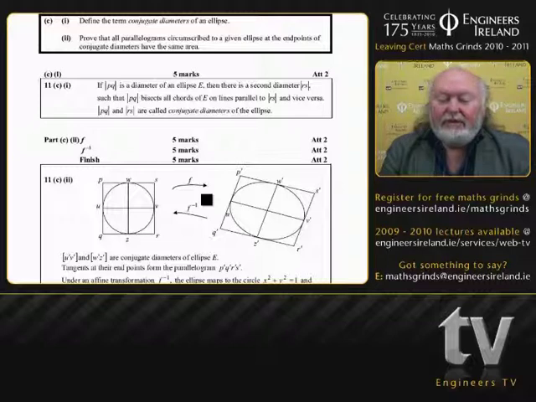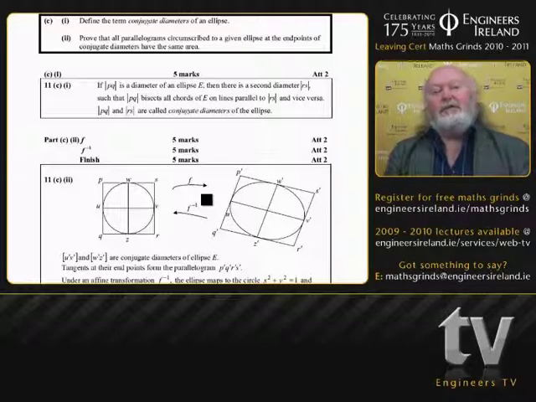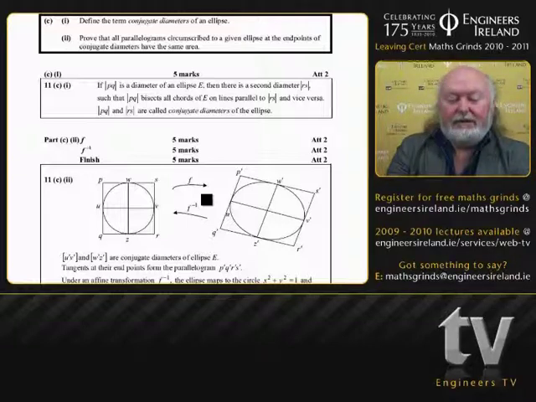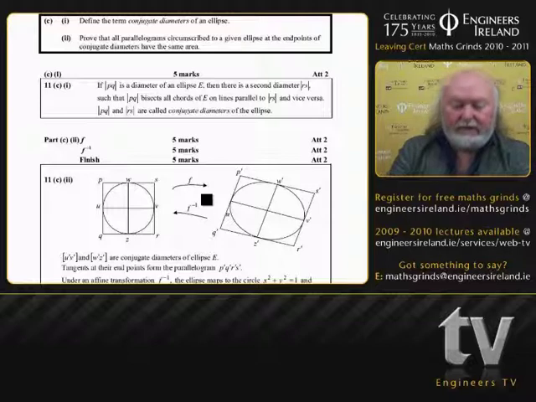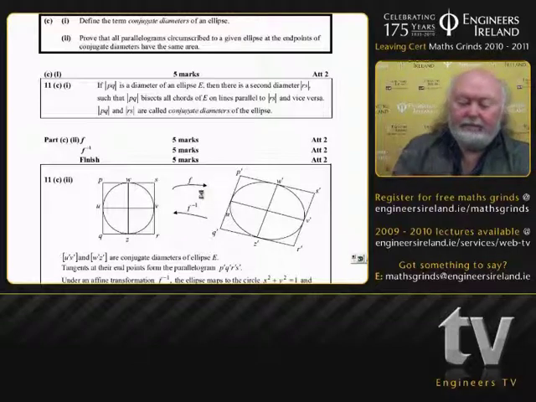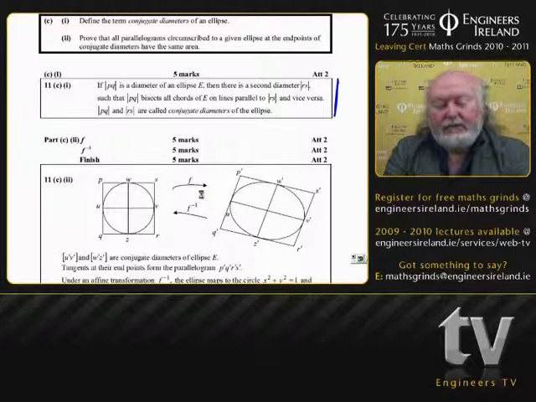In 2009, define the term conjugate diameters of an ellipse. That's the bit that we left in the previous one. Why? Because there's a very nice proof here, or sorry, definition. There it is. If PQ is the diameter of an ellipse E, then there is a second diameter RS.